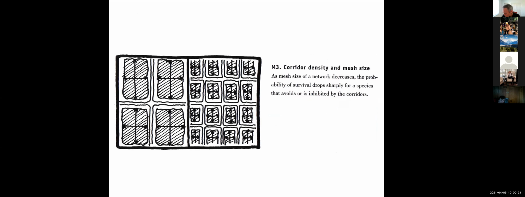And of course, it also follows that any species which are inhibited in their movement by the corridors are going to be much less likely to persist in a landscape that has a high density of corridors. So the density of corridors can also be referred to as mesh size, where a smaller mesh size is equal to a higher density of corridors.